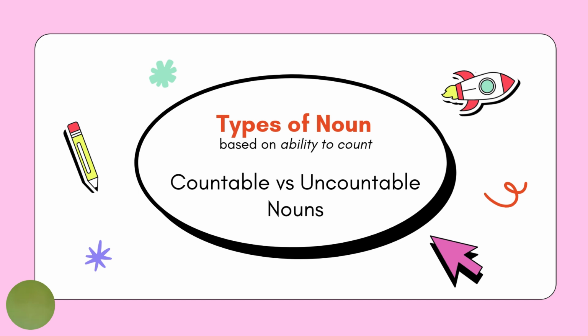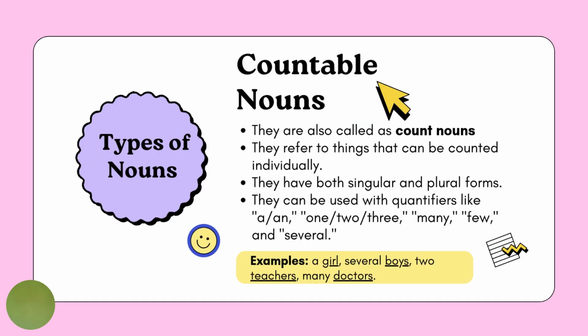So this material is the last subtopic that you will learn for this recording. This is countable and uncountable nouns. This division is based on the ability to count. Okay, countable means a word that you can count, 1, 2, 3, 4, right?